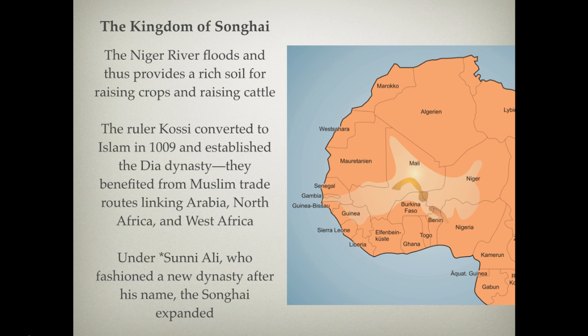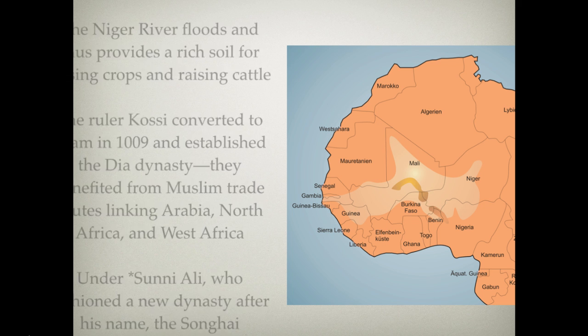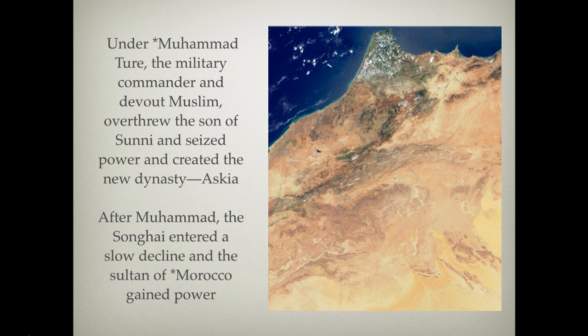And so the Songhai then expanded beyond those smaller borders, taking advantage of their interconnectedness with the other Muslim regions. But it's really under Muhammad Ture, and you can see obviously the change in names. That's because of all the conversions to Islam. And really we see the military commander and devout Muslim. He ends up overthrowing the son of the Sunni and seized power and created a new dynasty, Askia.